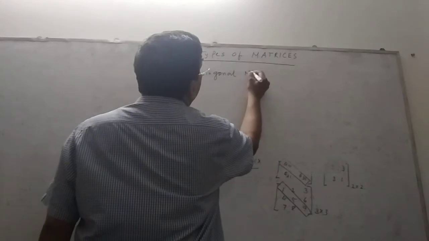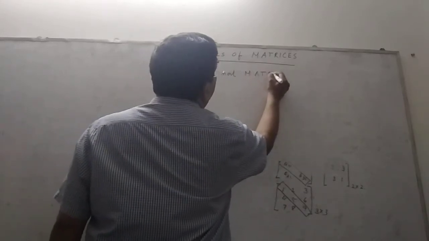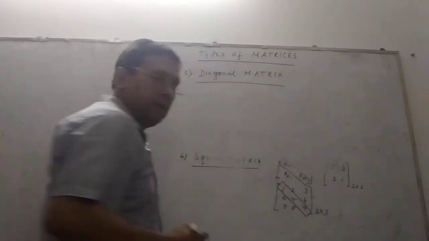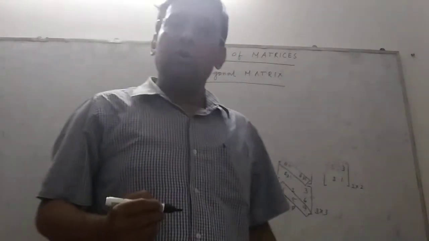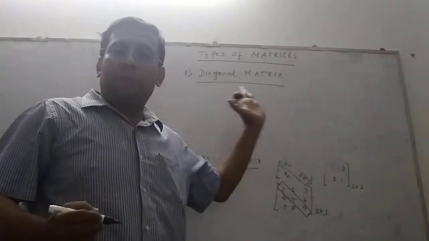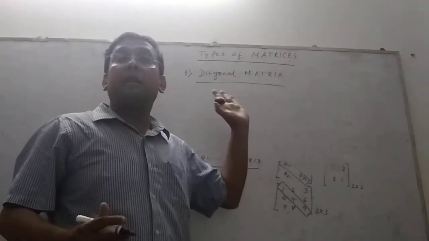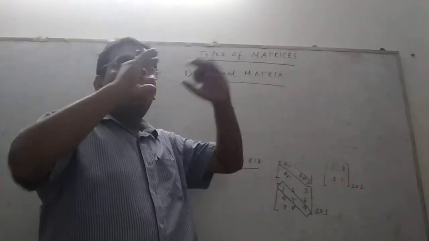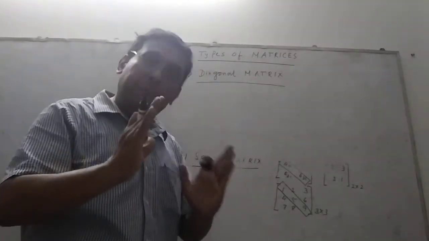What is diagonal matrix? The diagonal matrix is the matrix when the elements of the primary diagonal are non-zero, and other than the primary diagonal, all the other elements must be zero.